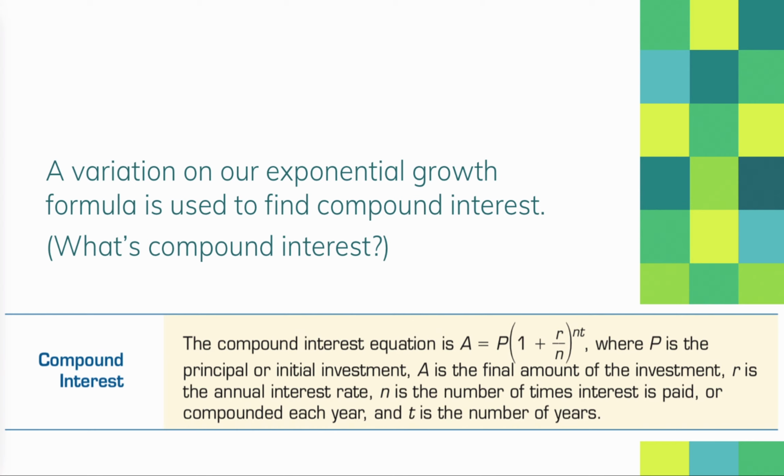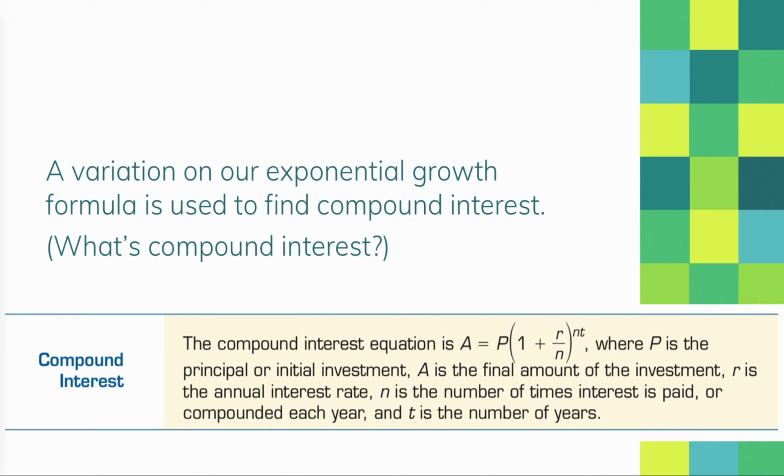If you earned 5% on your money per year, but it didn't compound, you would earn the same amount per year and your money would grow linearly. With compound interest, if you earn 5% per year, when that money is compounded, it goes into the account. And so you earn 5% not just on the original amount, but also 5% of that 5% interest. And that's what makes the money grow exponentially.